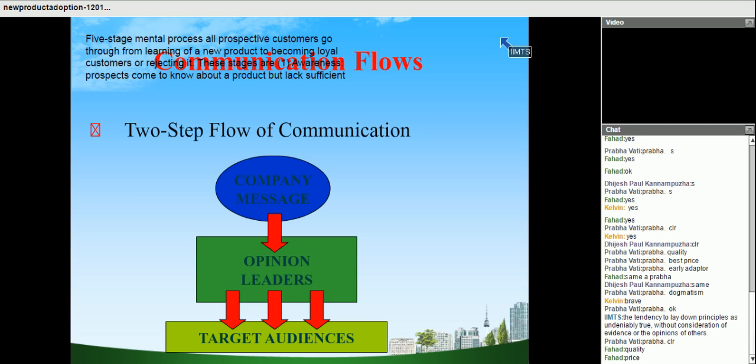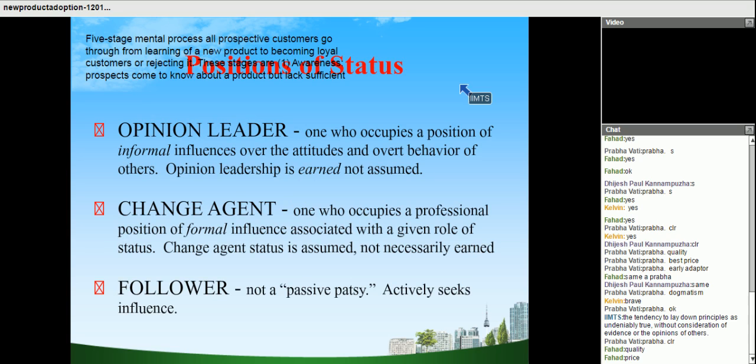Communication flow, two-step flow of communication. Company message, opinion leaders, target audience. I already told you who opinion leaders are. One who occupies the position of informal influence over the attitudes and overt behavior of others.